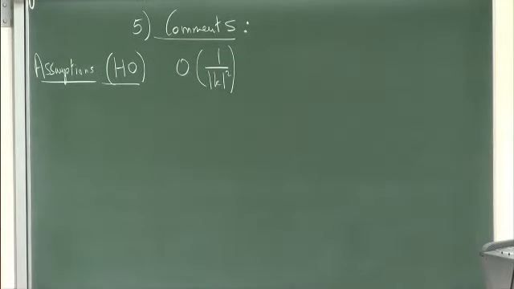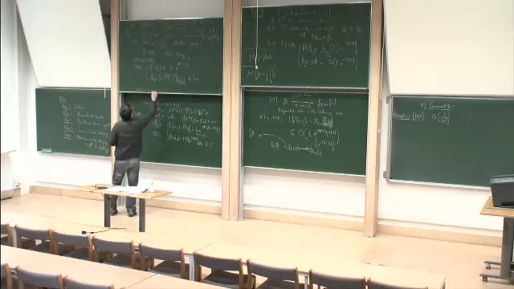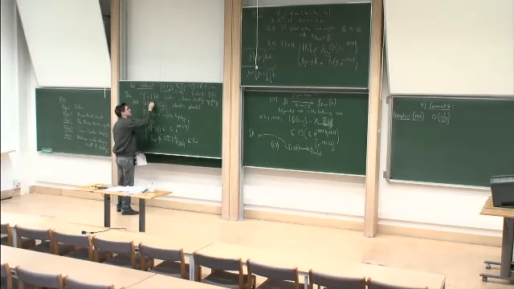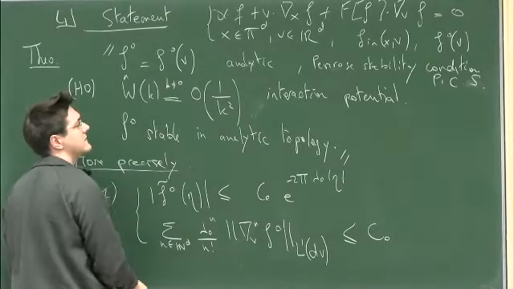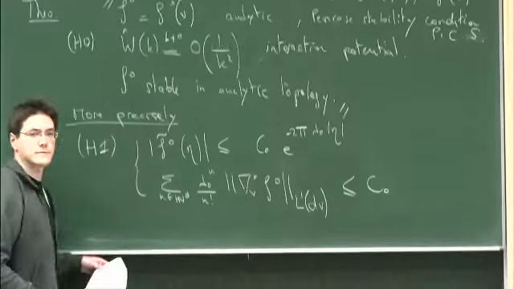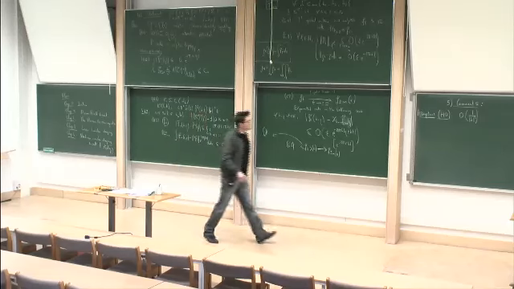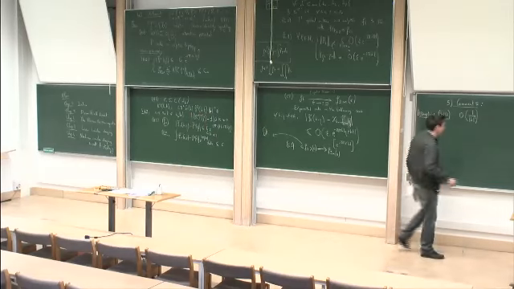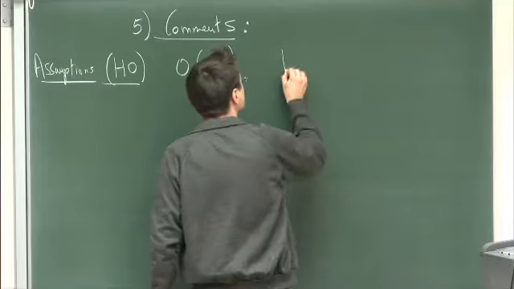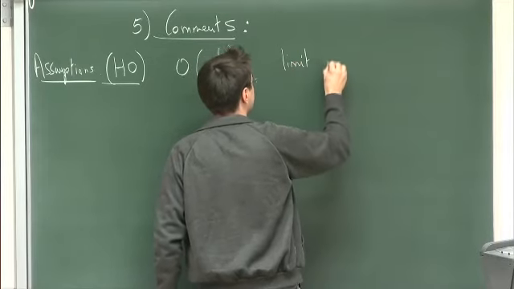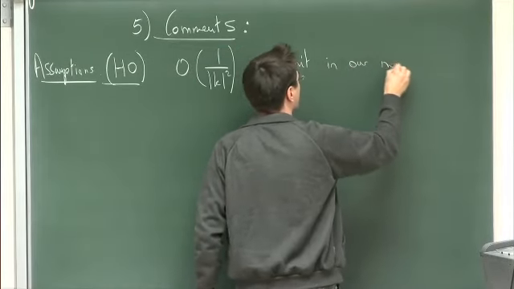Of course, it's for k non-zero. Remember that k is discrete. It's a condition of decay. This limit condition appears only in the nonlinear study, at least in our nonlinear study.